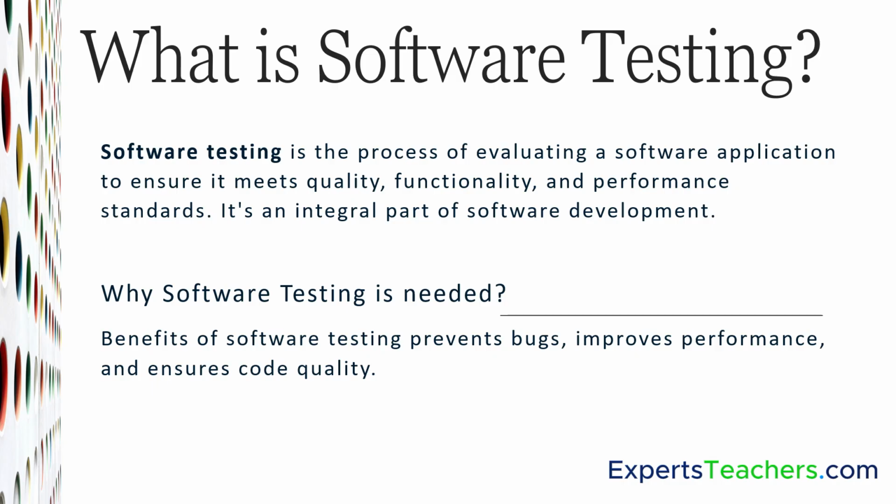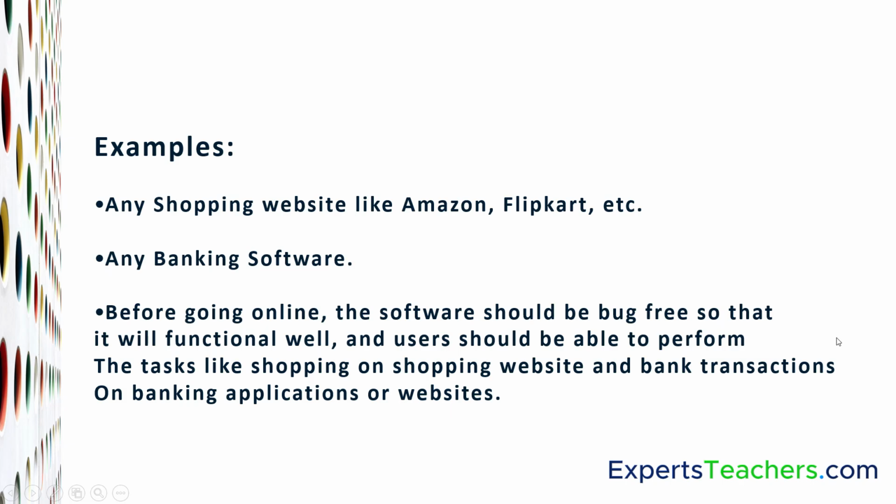Let me consider an example. There are two examples I'm taking. One is a shopping website like Amazon or Flipkart, and another is banking software. Like on Amazon, if anyone wants to buy any cloth, he visits Amazon.